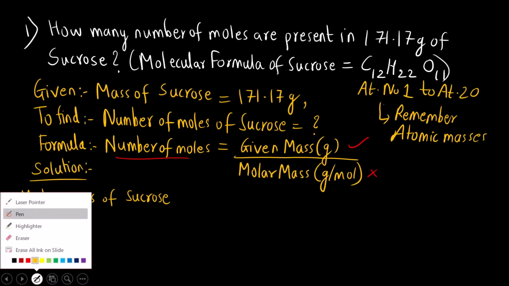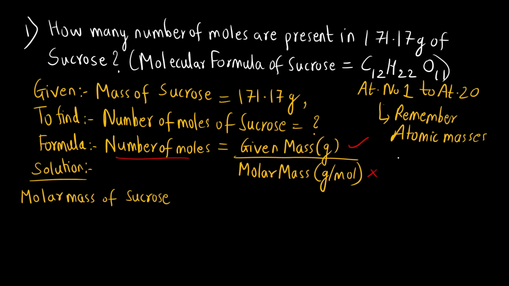The molar mass or atomic mass of carbon is 12.01 grams per mole. We had seen in the last video that one atomic mass unit is the same as 1 gram per mole.